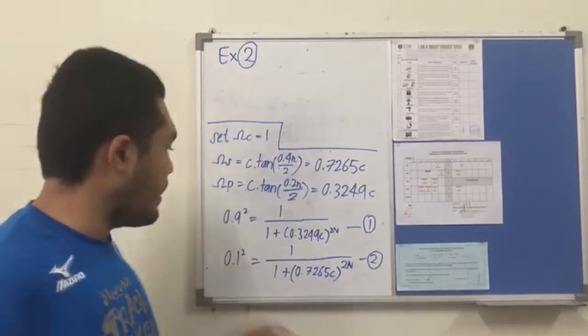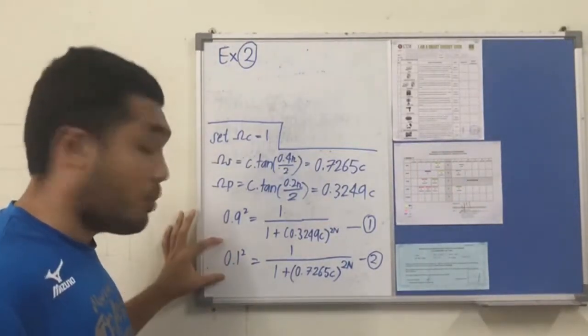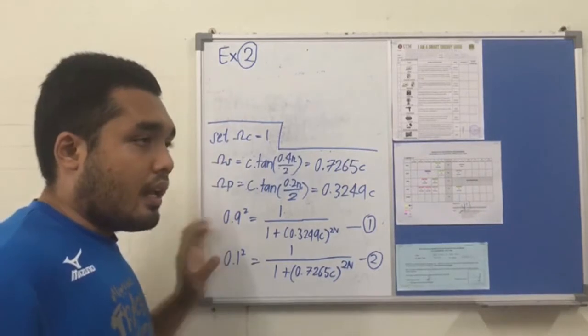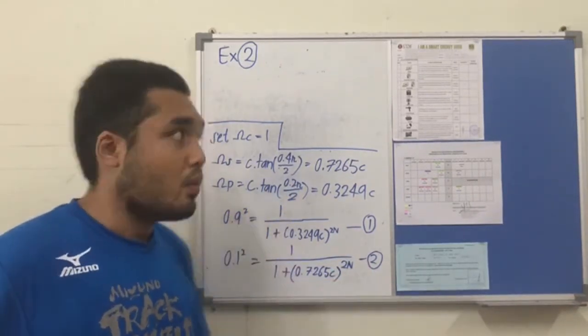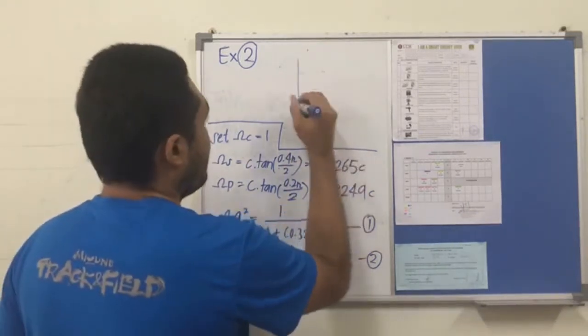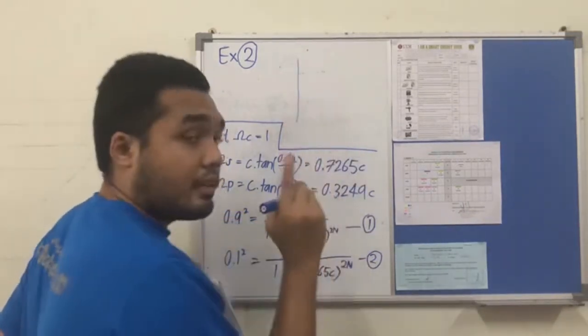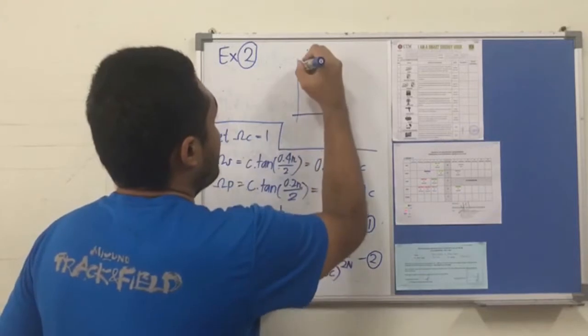Now I am going to explain the 0.9 and 0.1. Like in the graph earlier, we can see that delta S and delta P are 0.1.